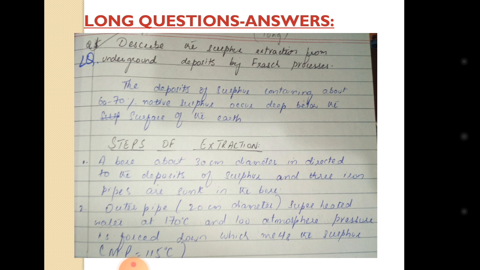The outer pipe is of 20 centimeter diameter. Superheated water at 170 degrees centigrade and low atmospheric pressure is forced down it. As you know, if we use hot water, the sulfur will melt and come upward, and we will collect it.